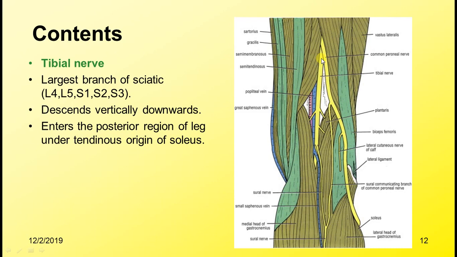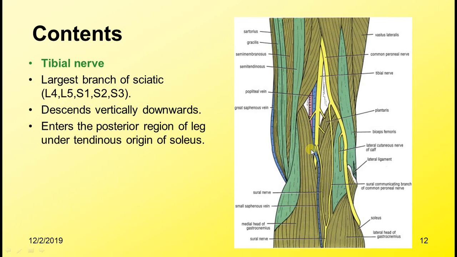So it is descending vertically downwards, not an oblique course. In the upper part, it is lateral to the popliteal artery, then crosses posterior in the middle, and then it lies medial to the popliteal artery in the lower part of the popliteal fossa.